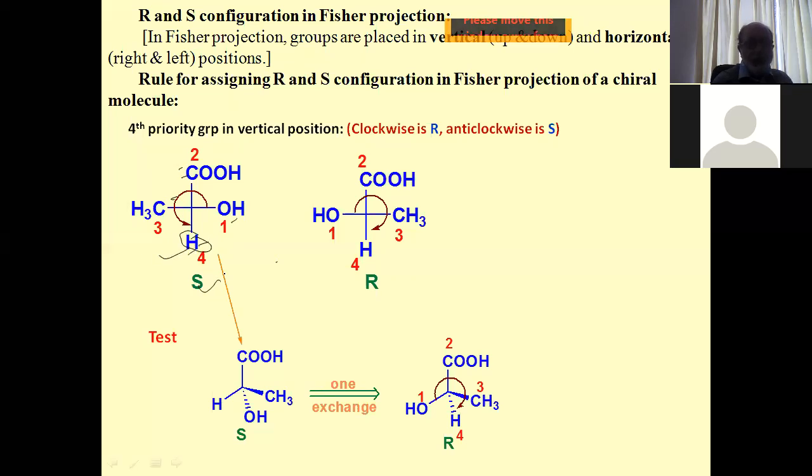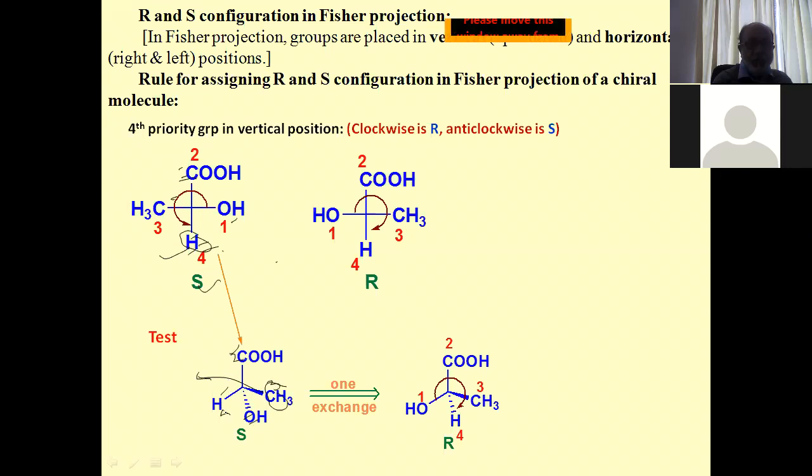Convert this structure to a wedge projection. This COOH and H will be here. If we put it like this, the CH3 group, which is on the left hand side, has to come up, and this will be down. So now here we find this is 1, this is 2, this is 3.